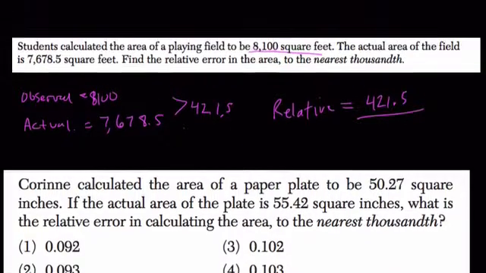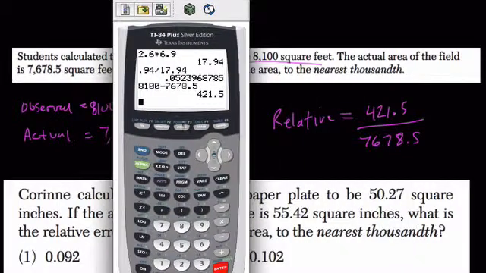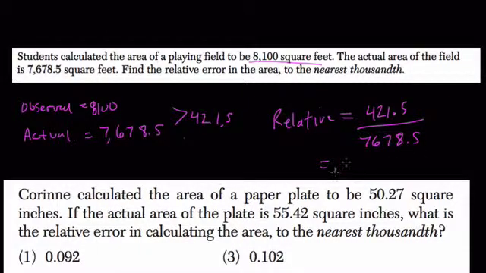So here it's a ratio over 7,678.5. So we've got 421.5 divided by 7,678.5, and that's 0.05489, so it's 0.055. If I want to turn it into a percent, I multiply it by 100 and get 5.5%.